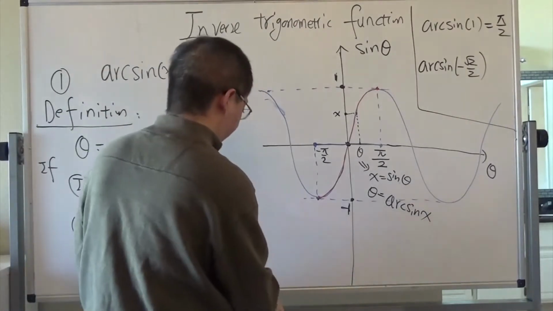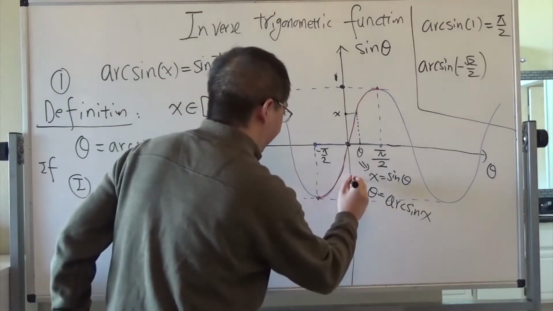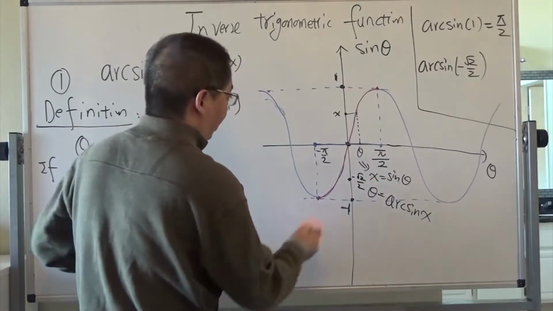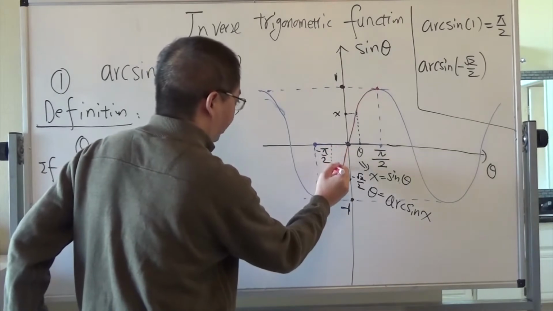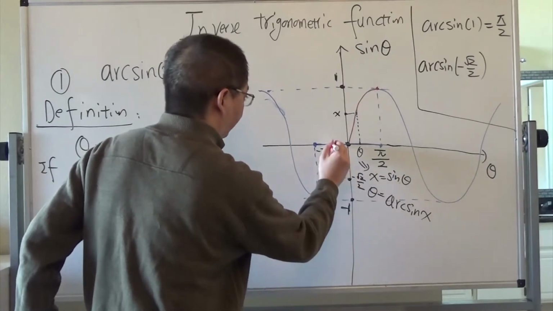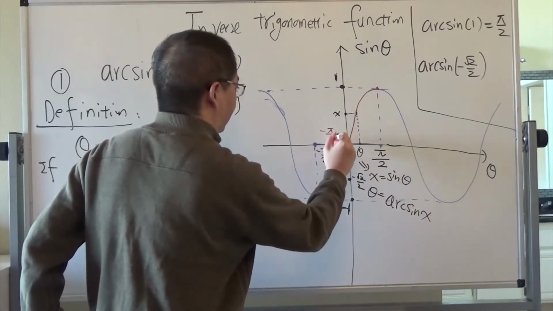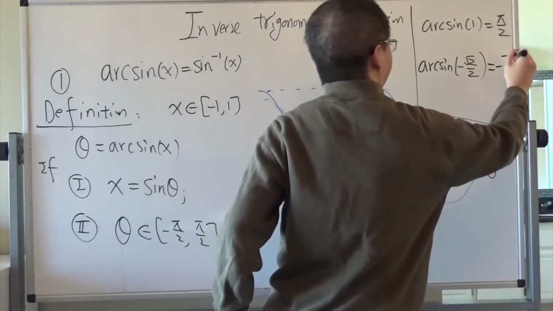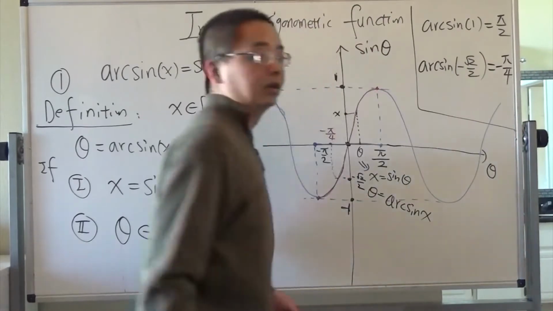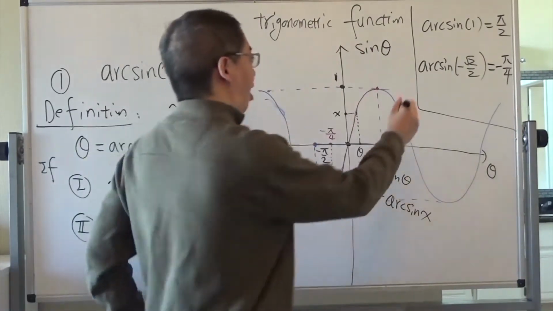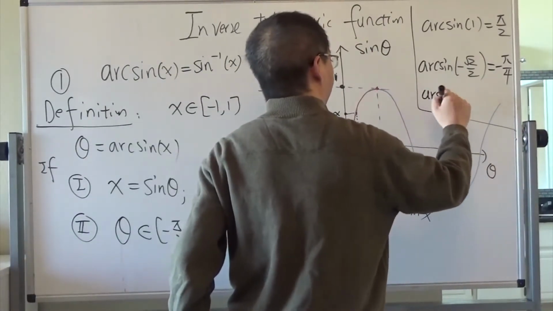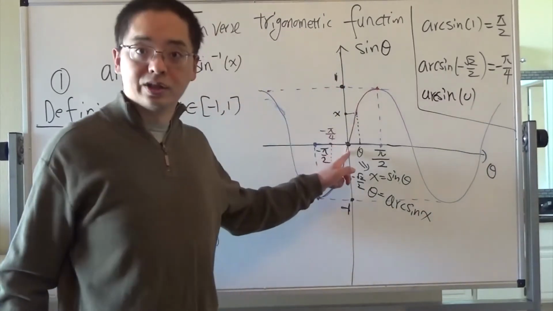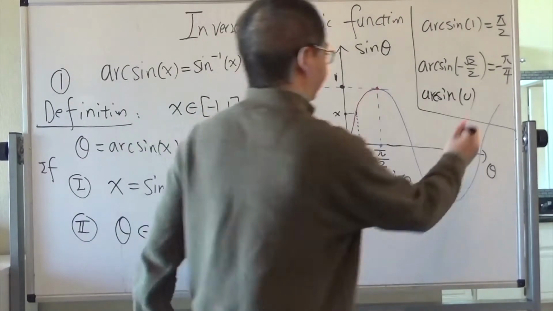If we look at the corresponding angle within this range, we have -pi/4. So this one equals -pi/4. Now, of course, if you look at arcsine 0, then it's just the angle 0.